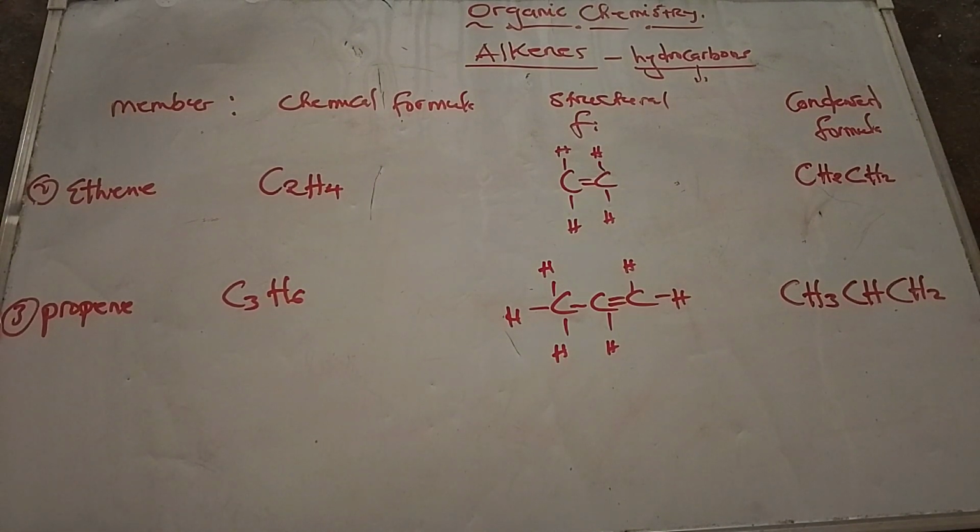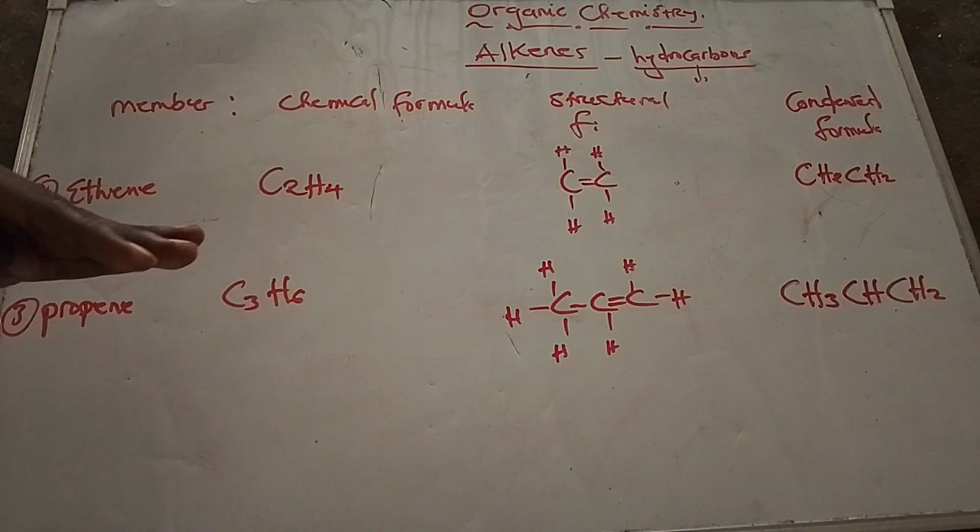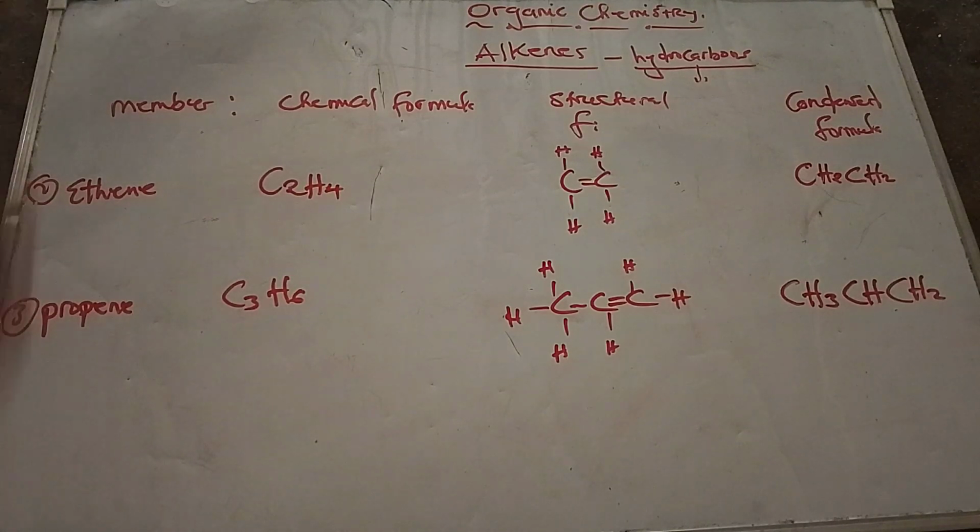This is how I write the chemical formula, the structural formula, and the condensed formula under the family of alkenes. Now you can go on and try all the remaining ones, from butene up to the last one, so that you practice the same things.